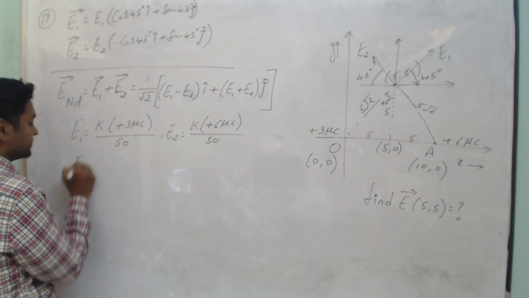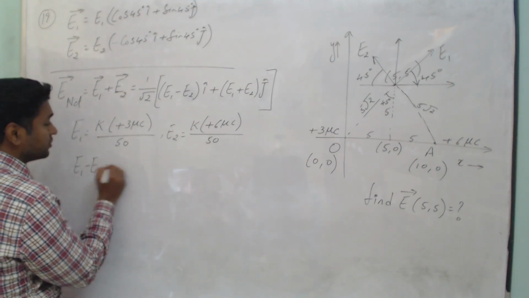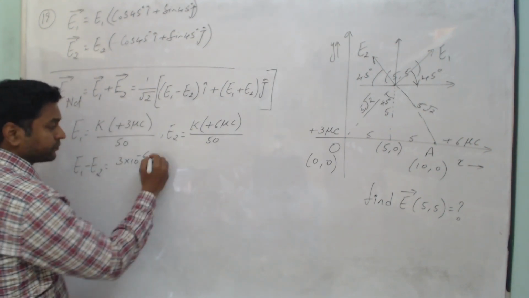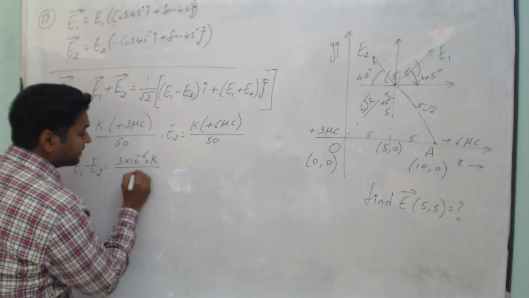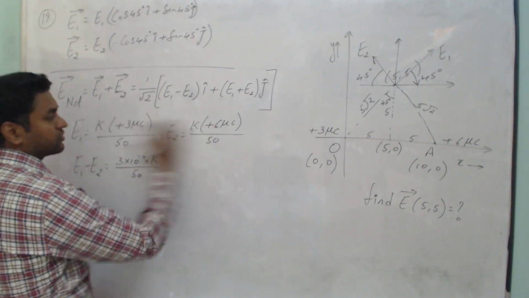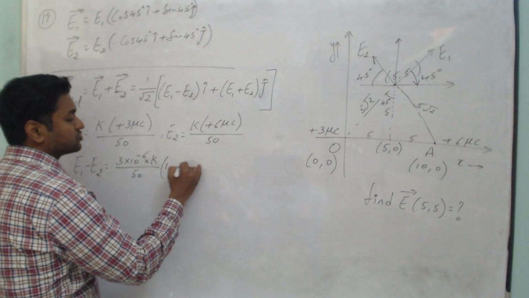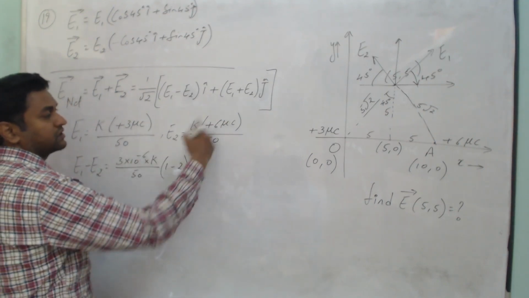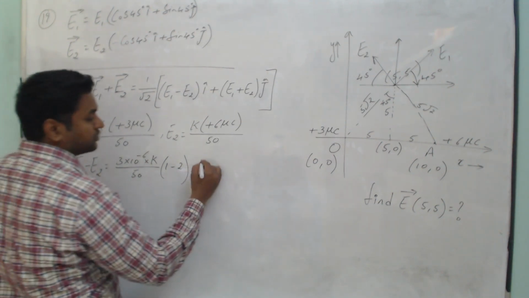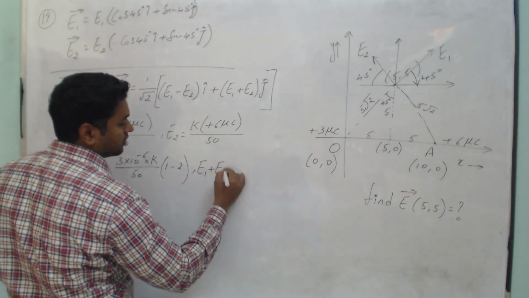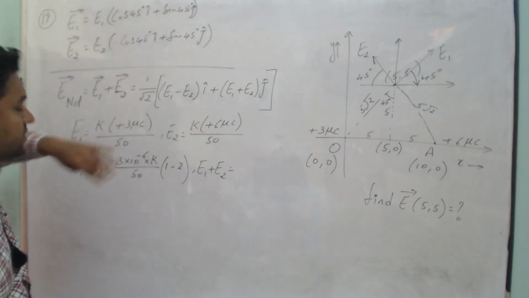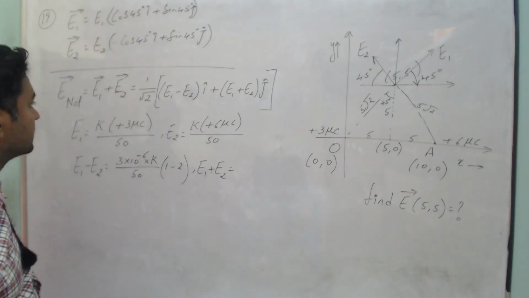So first I'll write here E1 minus E2 is equal to, let me take 3 into 10 power minus 6, which is micro, and also K, and divided by 50. I'll take all of these outside because they are common in both. 1 minus 2. Similarly, E1 plus E2, I just have to add these two, right? Is this correct?